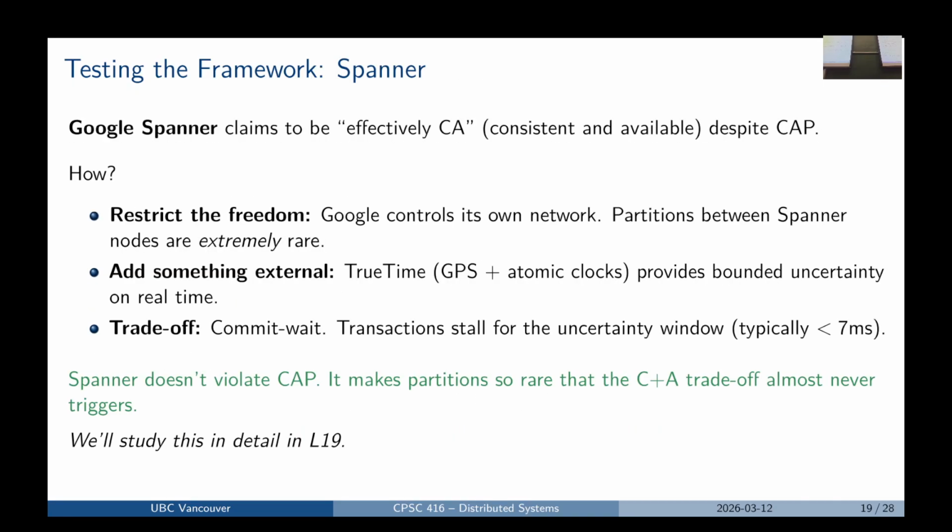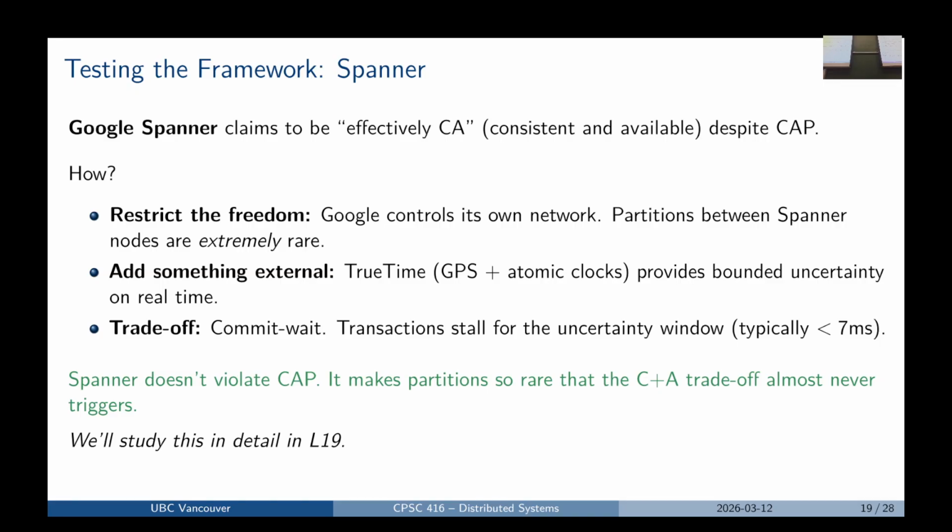In Spanner, Google implemented what they called effectively consistent and available by building a very tightly constrained network. What they said was, we get to control our own network, and partitions are very rare, but we're going to add this thing called TrueTime, which is literally highly accurate clocks with a bounded uncertainty on the time.